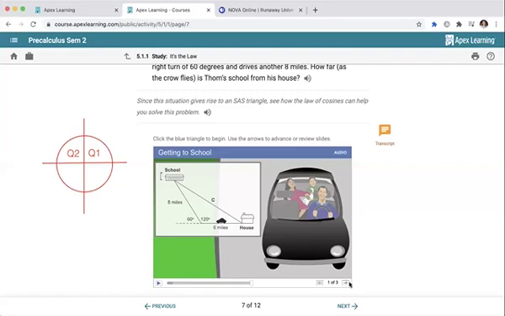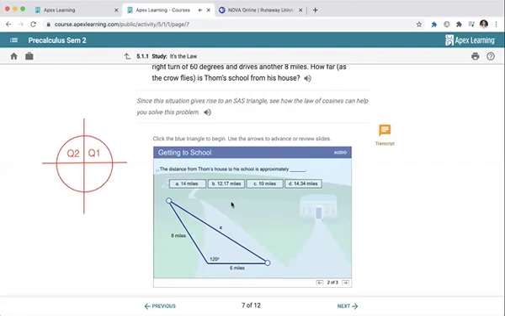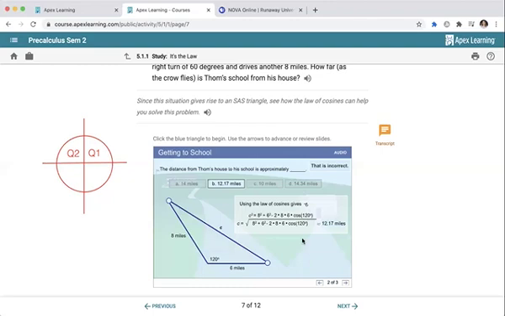So the question is solving for side C here. Using the information given, it is clear that this problem is simply asking to solve for the third side in an SAS triangle. The distance from Tom's school to his house is approximately what? Obviously, you would plug this into your calculator.